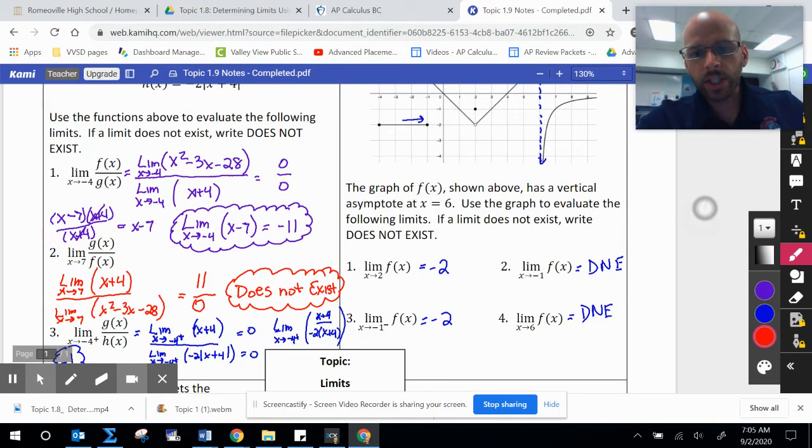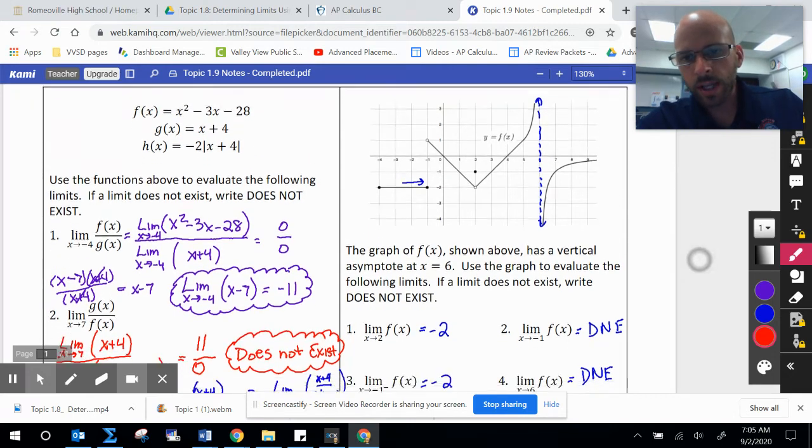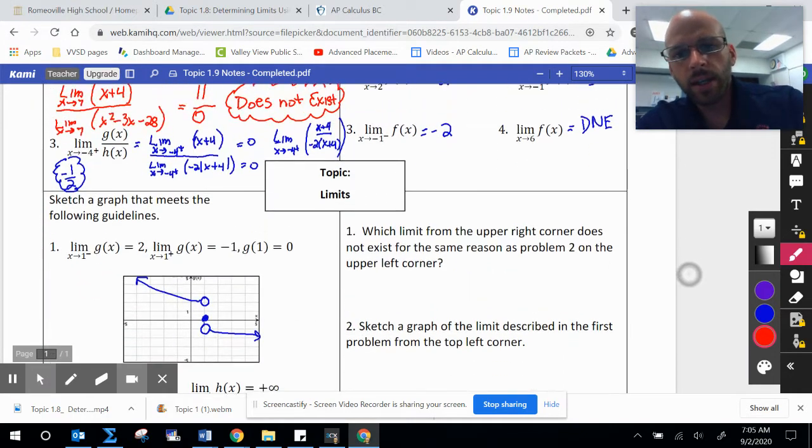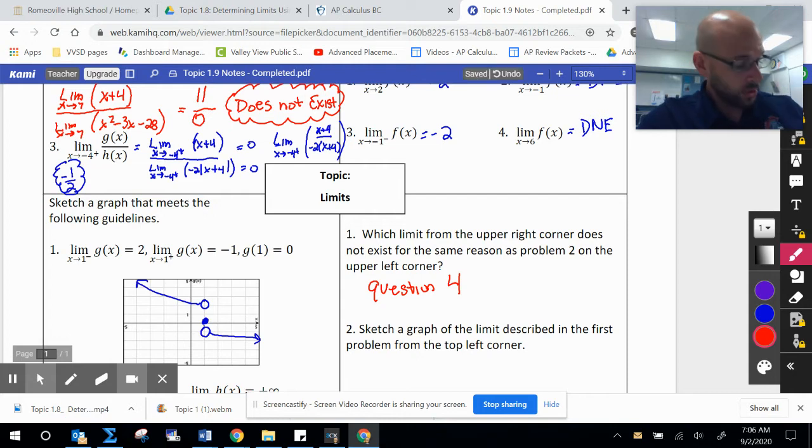In the second section, I just need to figure out at -1 or 6, which of those is a vertical asymptote, and it's going to be at 6. So I'm going to say question 4 does not exist for the same reason. And that reason, of course, is a vertical asymptote.